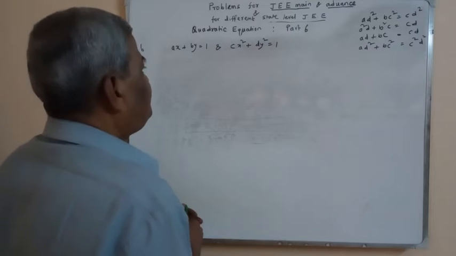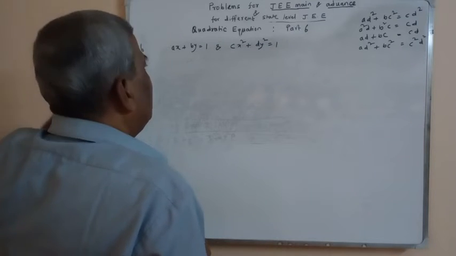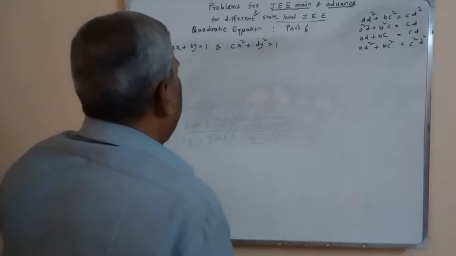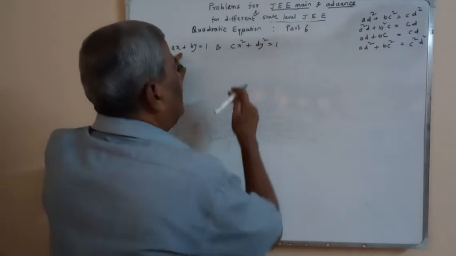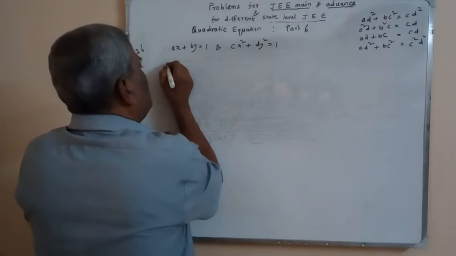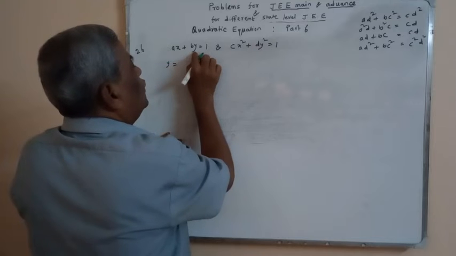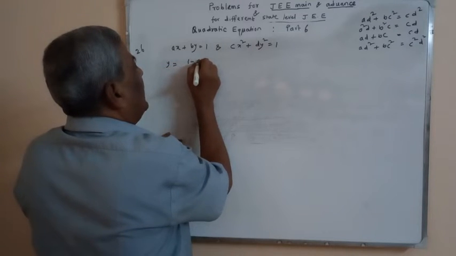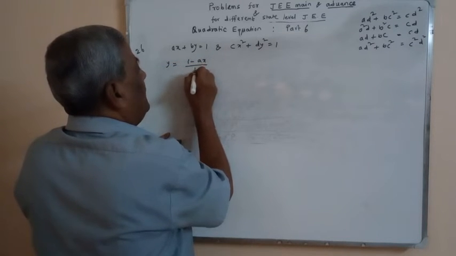So, eliminate y from this and that. y is equal to (1 minus ax) by b.